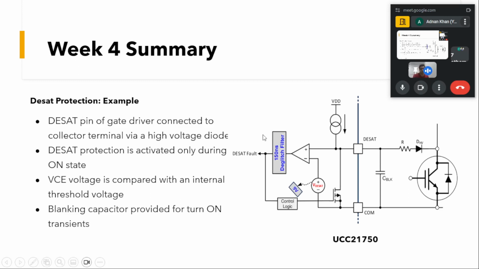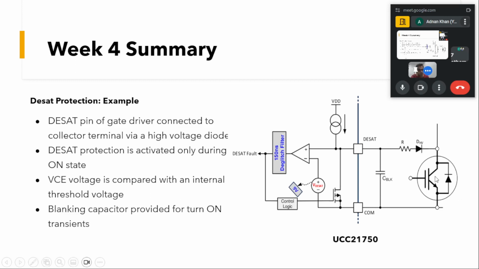And if you can see here, there is another capacitor, called the blanking capacitor, that is connected across a device. Why is this blanking capacitor used?